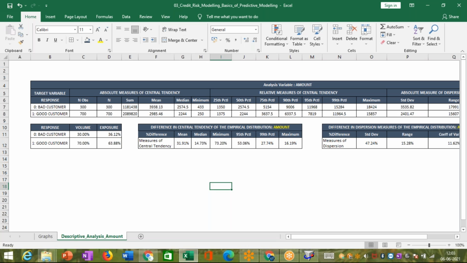This approach of assessing the empirical distribution is very useful for variable selection. You can clearly see that the descriptive measure of this variable across the two categories is very different. So this analysis gives you a basic insight into a continuous variable, right? So any questions up to this point?